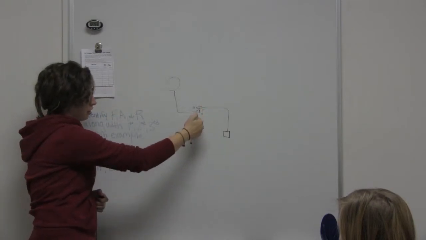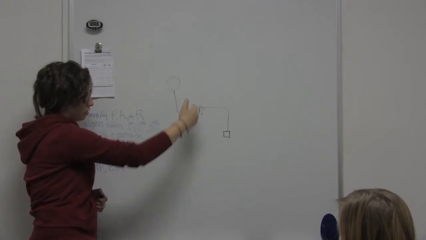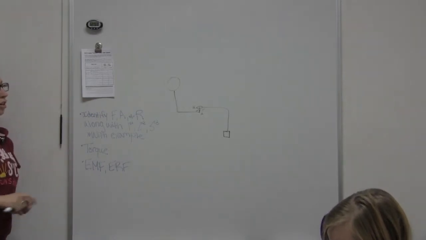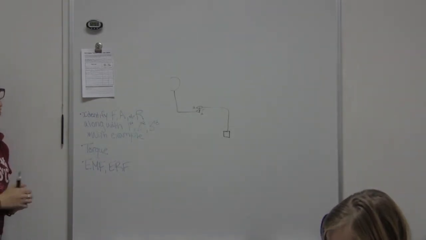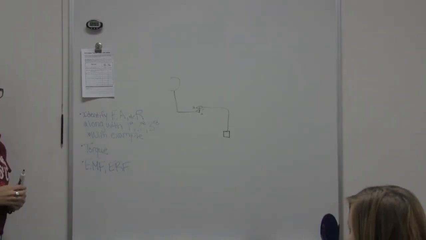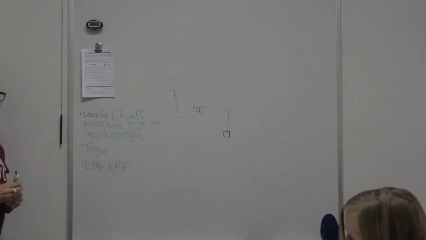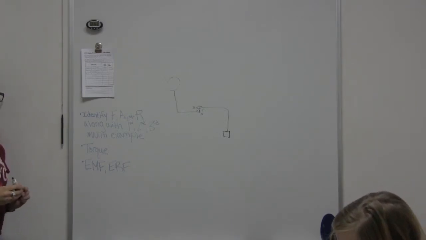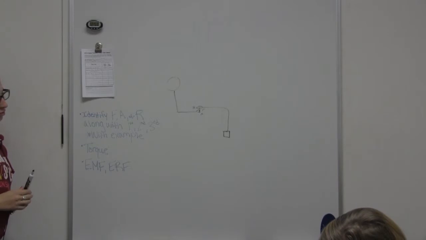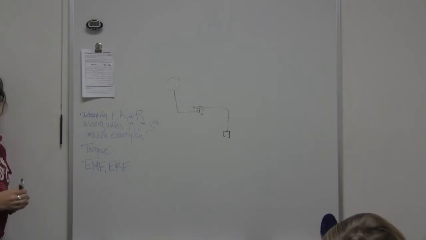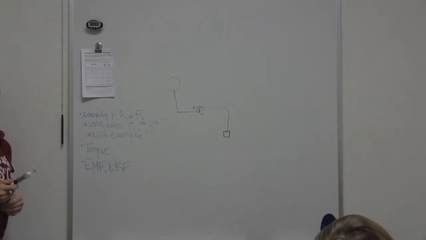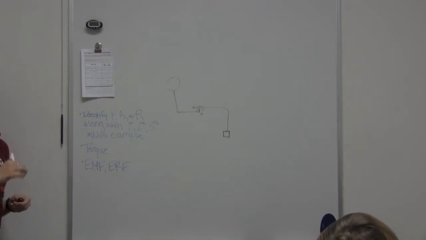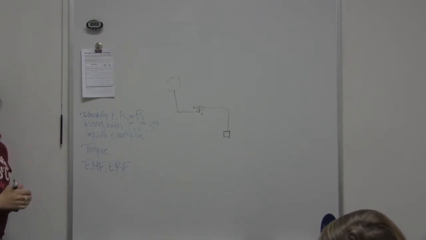So we have the axis, force, and resistance. With that order of things, what class system is this? Third. Good. Because the axis is closer to the force, and it's on the other side of the force comparatively to the resistance.